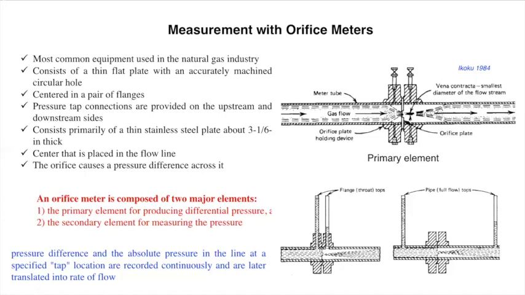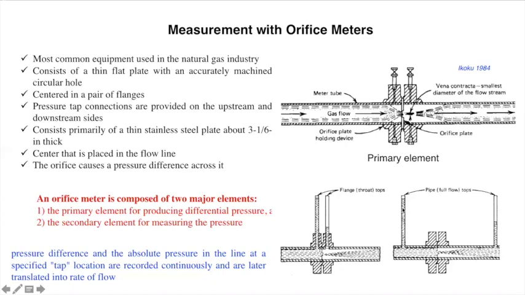Now in the figure below you can see that we have different pressure taps, which are used to record the differential pressure. Also, in place of a pressure tap, we can use gauges which can tell us the pressure difference between these two points. The placement of these pressure taps has been recommended by the American Gas Association.